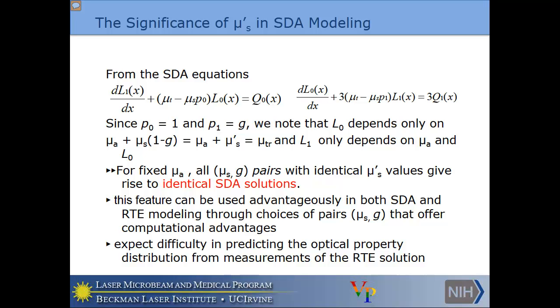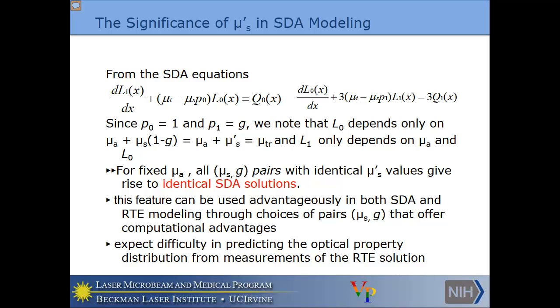Advantageously, you can use it to kind of orthogonalize the coordinate system in which you describe your inverse solutions. And I think what that means is separation of the variables that you're trying to identify. In other words, if you're looking for mu s and mu a in tissue, there'll in general be crosstalk between them.